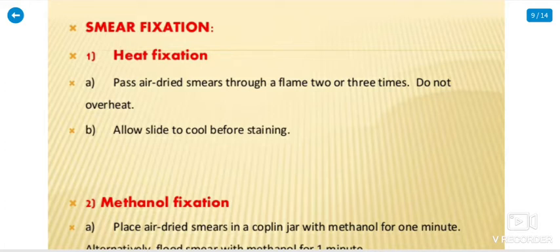Just go through the flame 2 to 3 times, not for heating the slide. Another step is to allow the slide to cool before staining. So you have to wait a few seconds, and after that you can cool it down.